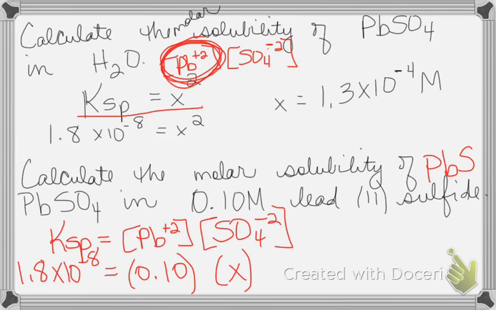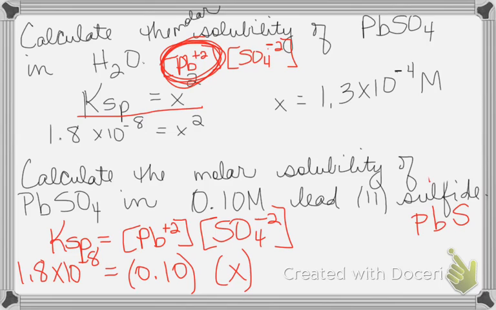Why are we not doing the PbS? Because that's already in the solution. I'm wanting to know what the molar solubility of the PbSO4 is. This is in a different color. That's in red. What do y'all get for X?